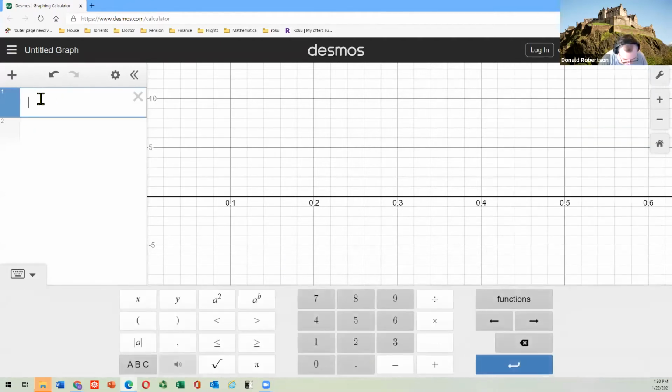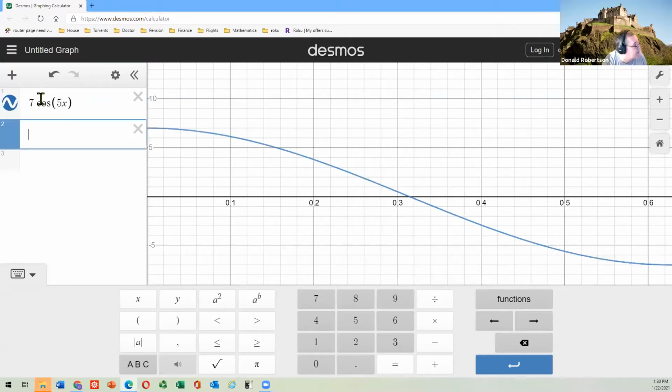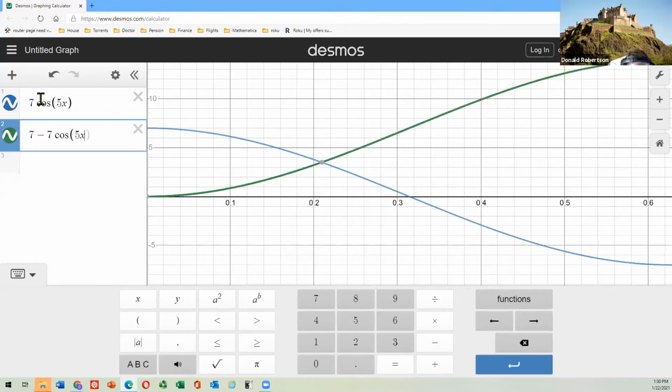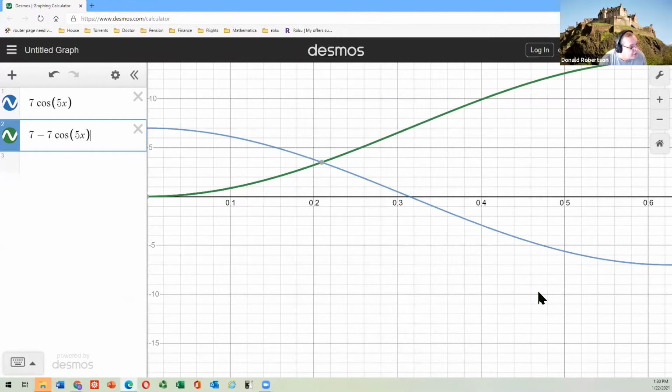Now I'm going to put in the first curve, which is 7 cosine of 5x. And hit enter. And then the other curve is going to be 7 take away 7 cosine of 5x, which is fine. So let me close that off.